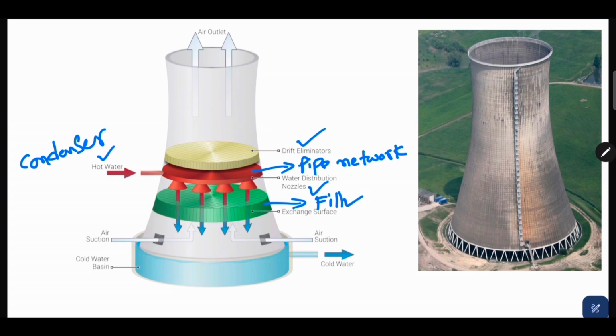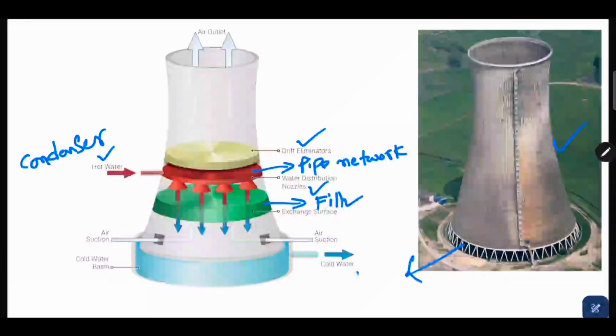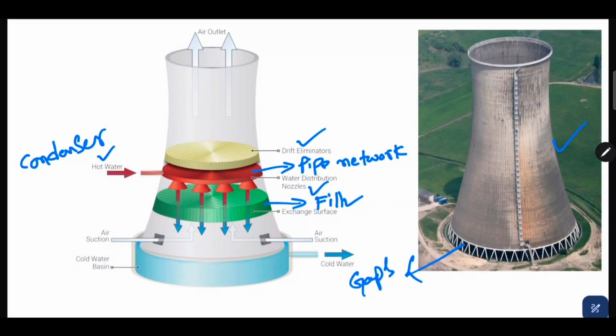On the right side you can observe the cooling tower at site. At the bottom we have several gaps. The basic purpose of these gaps is that the cold air from the atmosphere enters the cooling tower from the bottom.